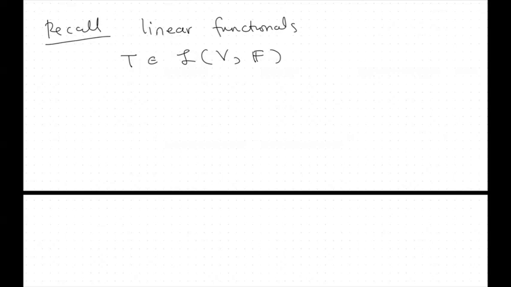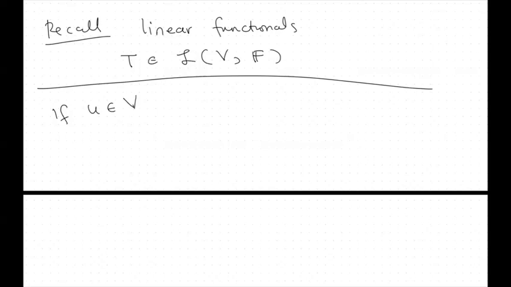Now, if you have a vector u in the space V, and the map that sends v to v inner product with u, this is a linear functional, because here v is an element of V and v inner product with u is a scalar, an element of F. The next result shows that every linear functional on V is an inner product with respect to a unique u.